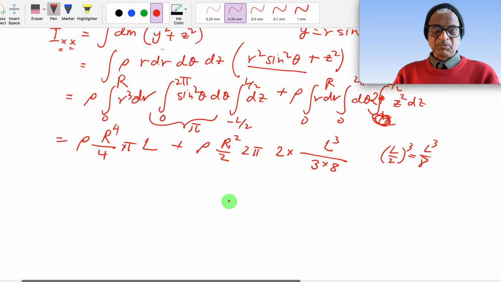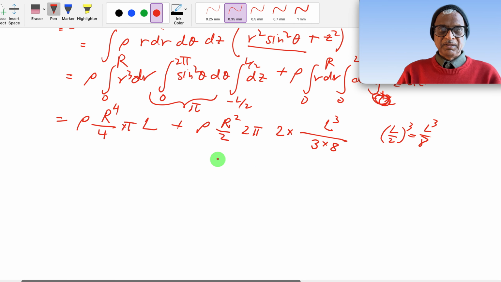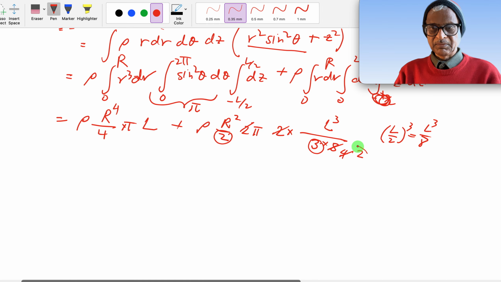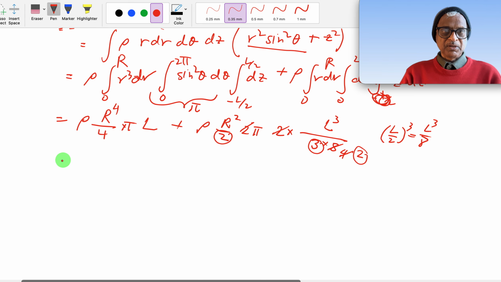Okay, so now we need to simplify. This 2 is going to cancel this to make it 4. This 2 will cancel this guy. This 2 with this 3 and this 2 make it 12, and this is 4.